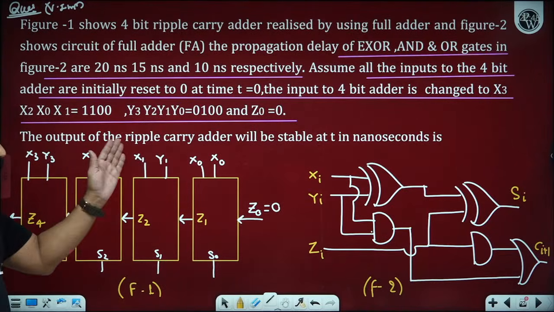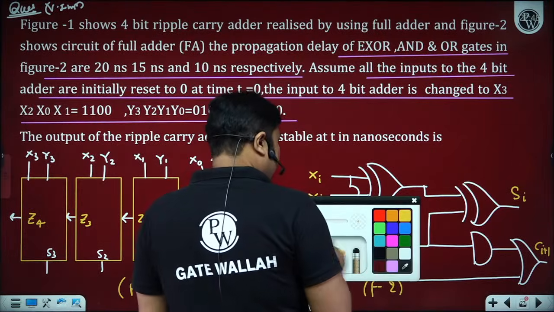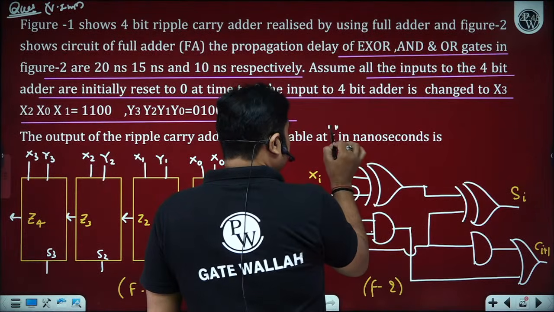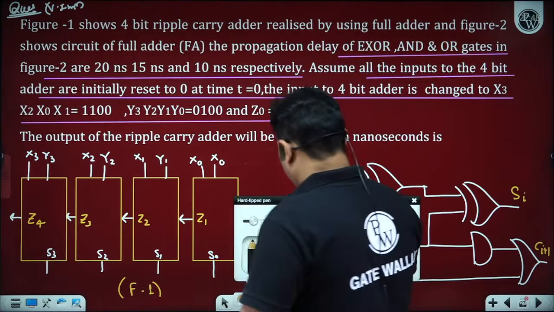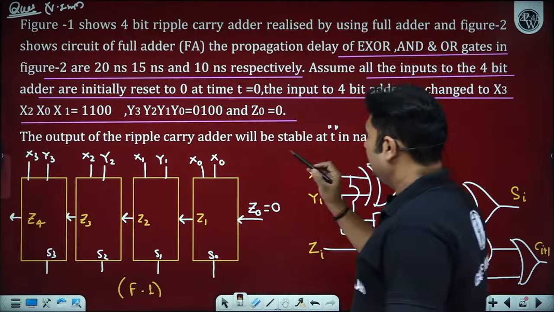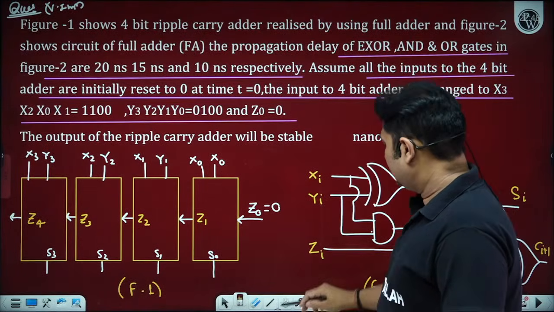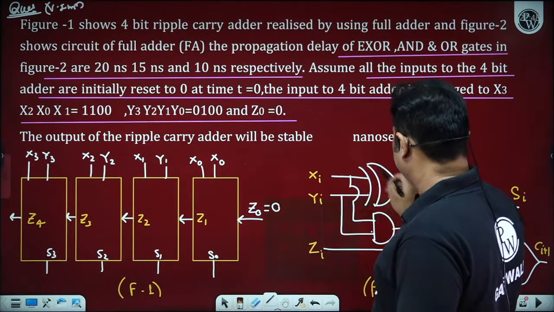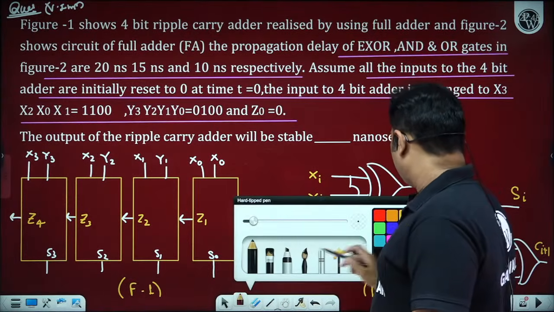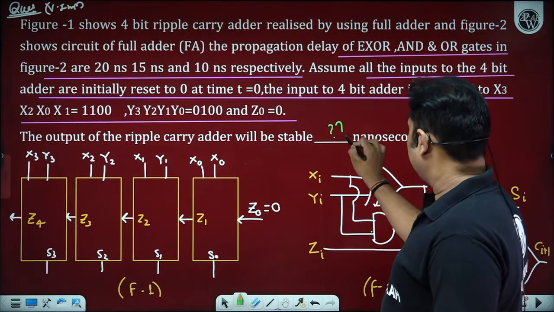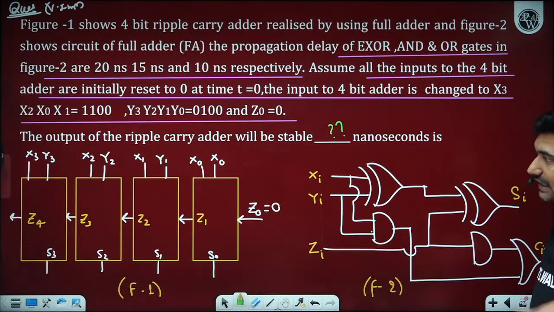The output of the ripple carry adder will be stable in t nanoseconds, where t is? You have to identify this dash nanoseconds. How many of you are able to understand this question?